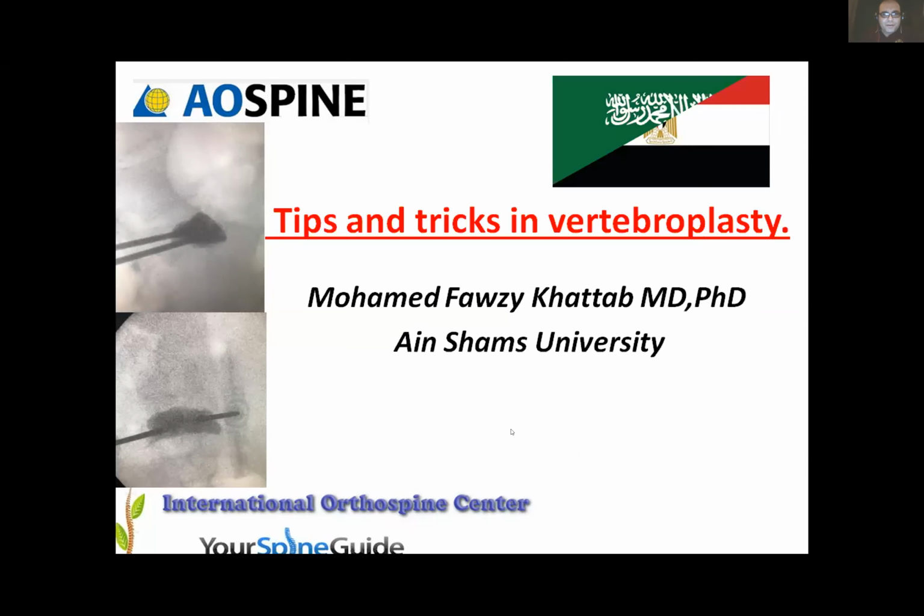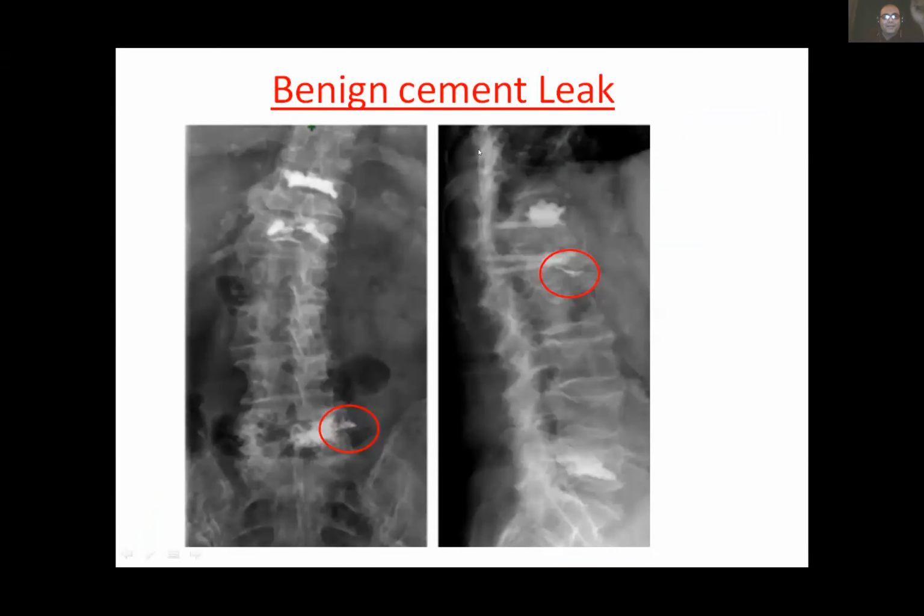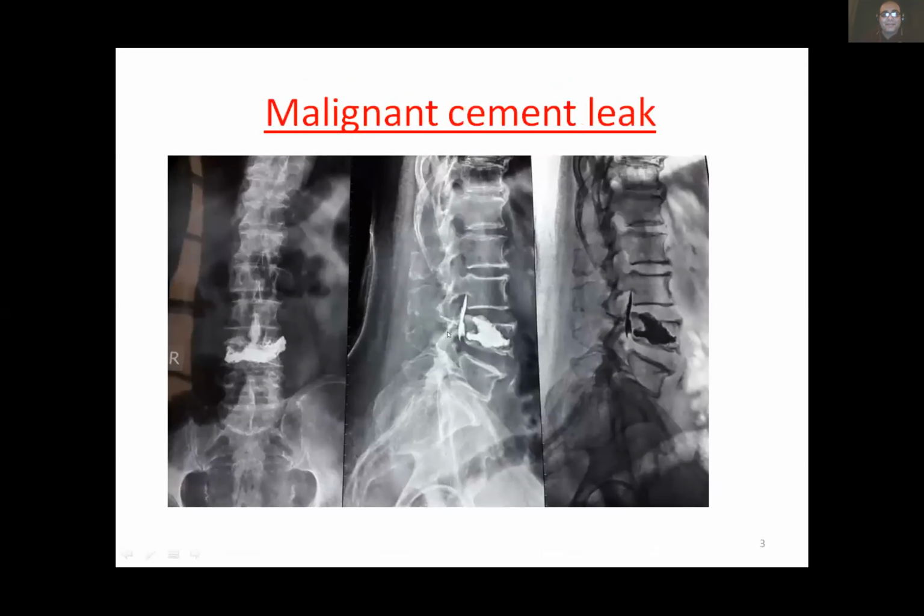So, as I said, benign cement leak can be anticipated in the patients. Any patient can get some cement leak, and it is benign if you have some cement leak in soft tissue, inside the disc, inside the pedicle, and no harm for the patient regarding the neurological state. But if it is central cement leak and it affects the neural structure and can cause neurological deficit for the patient, I call it malignant cement leak.